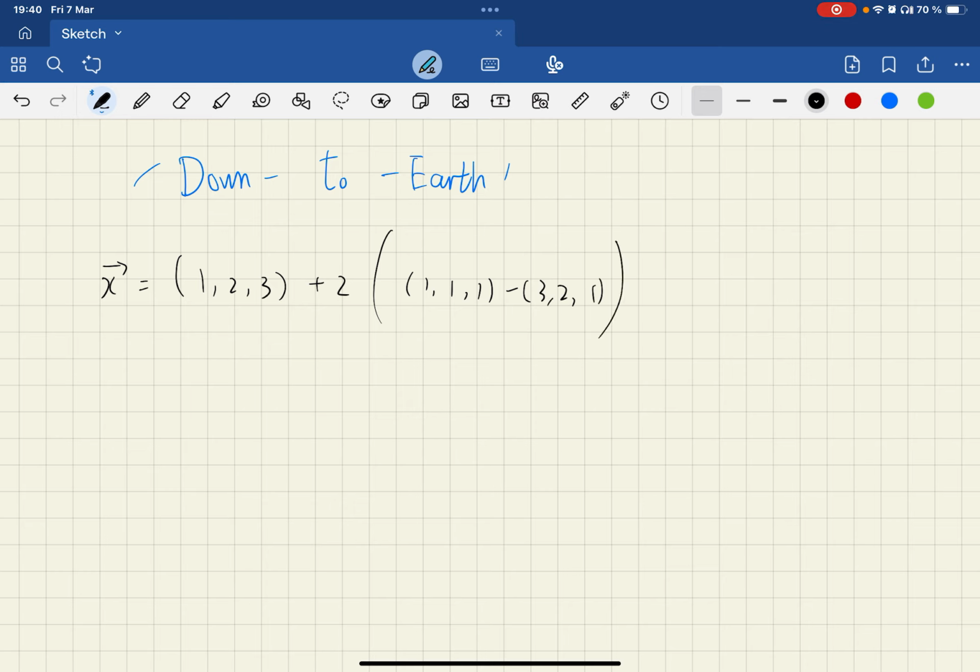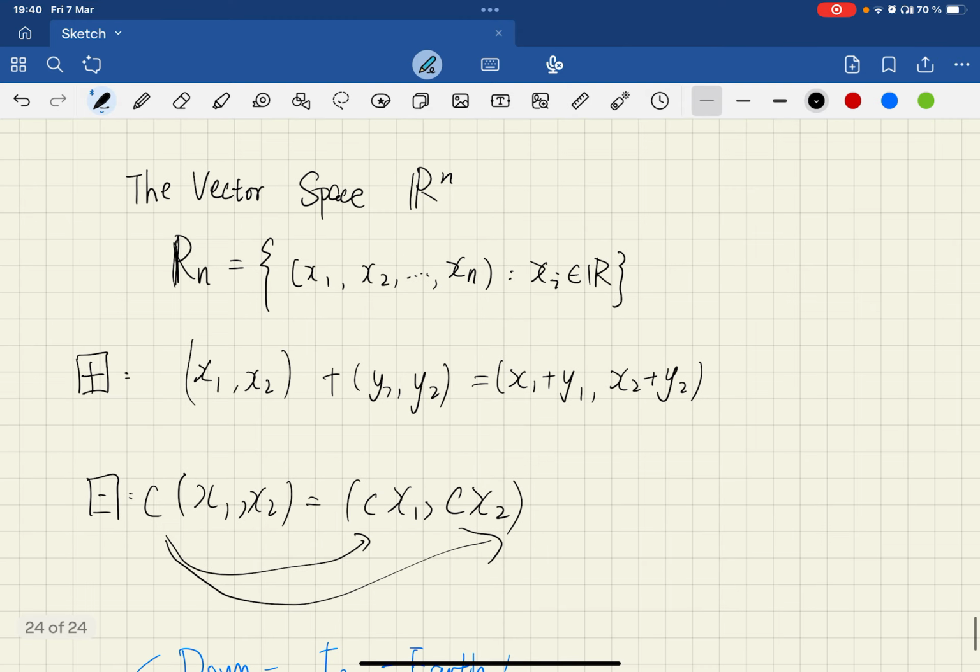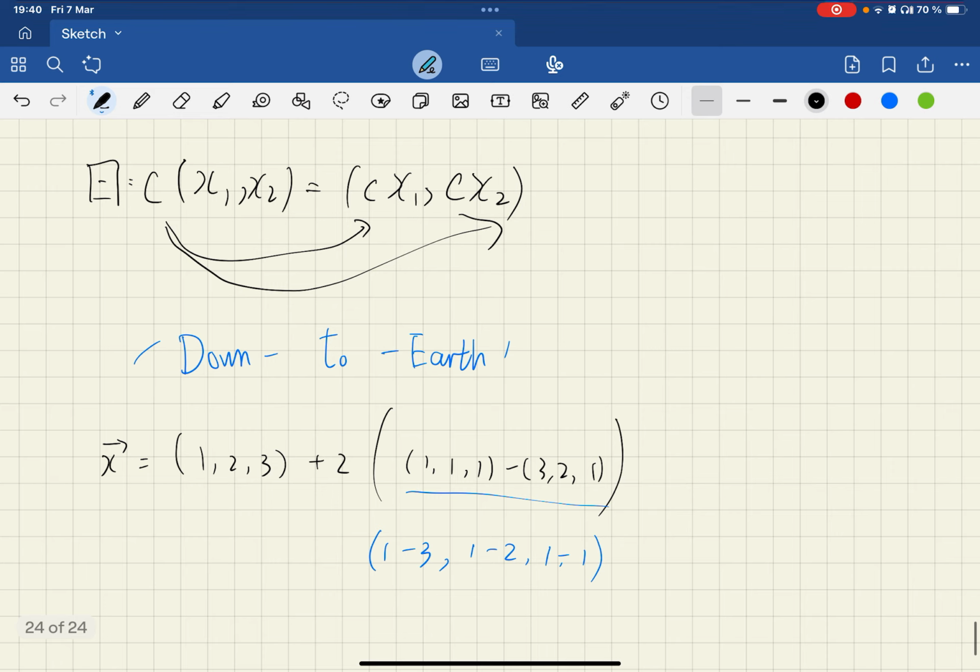You may be familiar with this type of question, but let's revisit it. First, we should calculate the things in the bracket first, which is (1 minus 3, 1 minus 2, 1 minus 1). Why we do that is that by definition, plus here is now minus here.